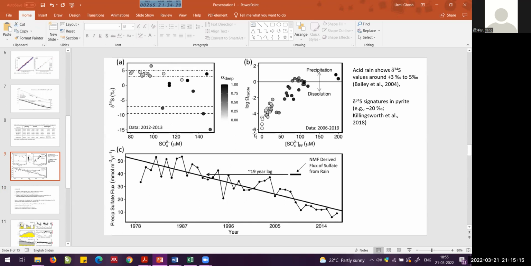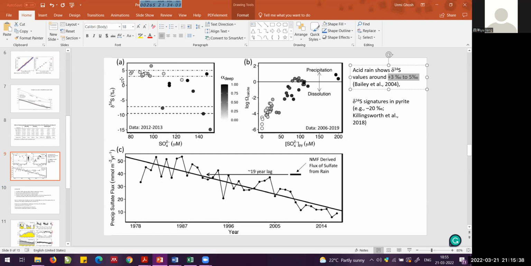So what they see are the sulfur isotope values. If we consider the acid rain isotope value, that is about +5 to +3. This value matches with most of the composition and most of the shallow water values.